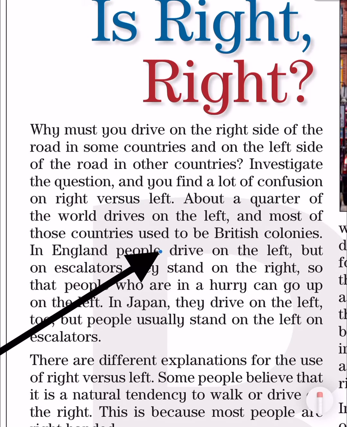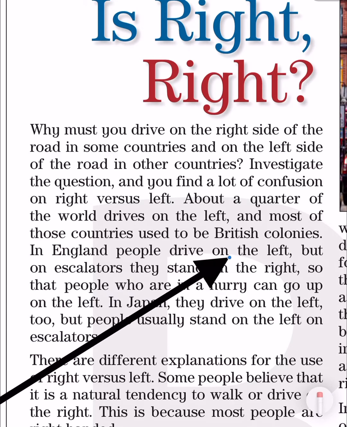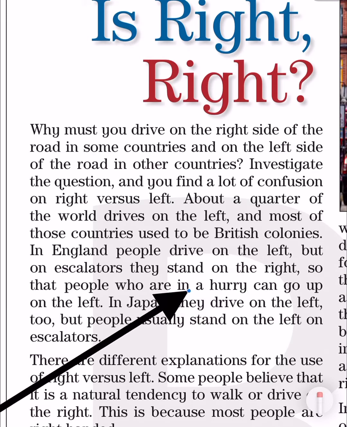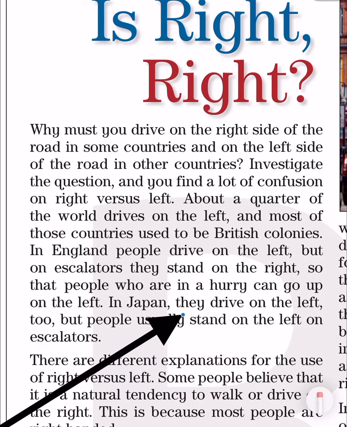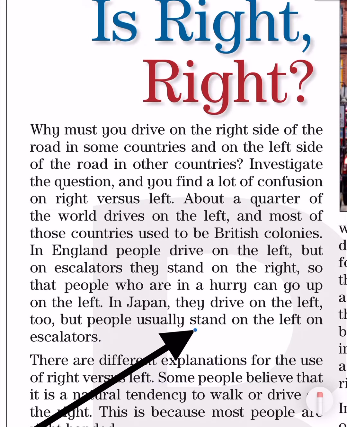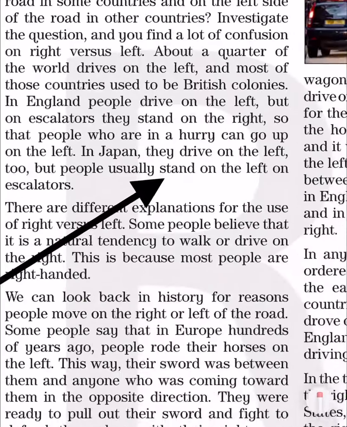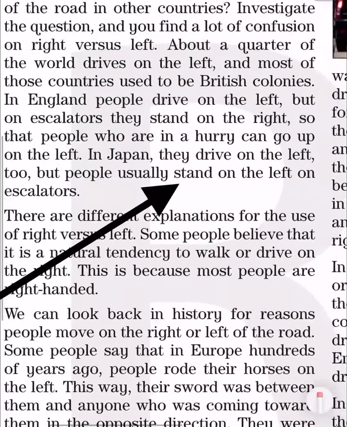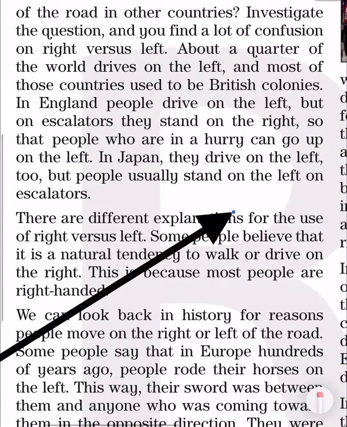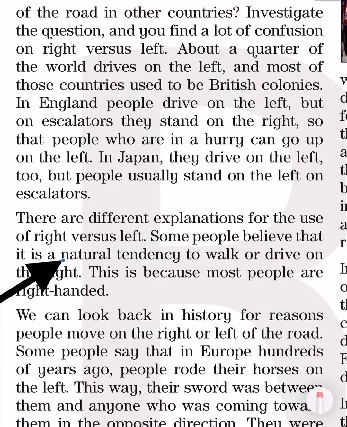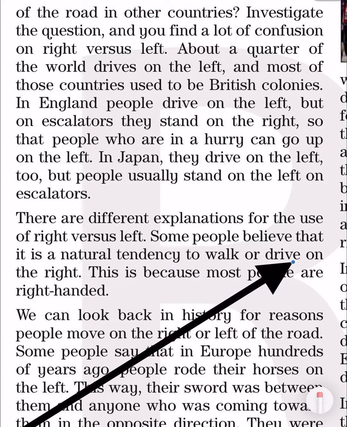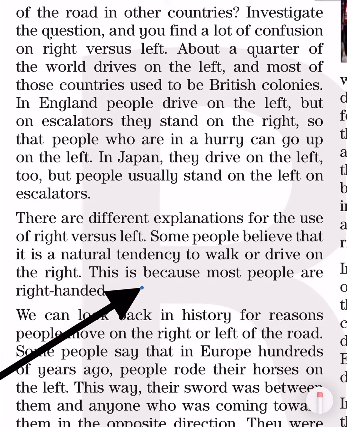In England, people drive on the left, but on escalators, they stand on the right, so that people who are in a hurry can go up on the left. In Japan, they drive on the left too, but people usually stand on the left on escalators. There are different explanations for the use of right versus left. Some people believe that it is a natural tendency to walk or drive on the right. This is because most people are right-handed.